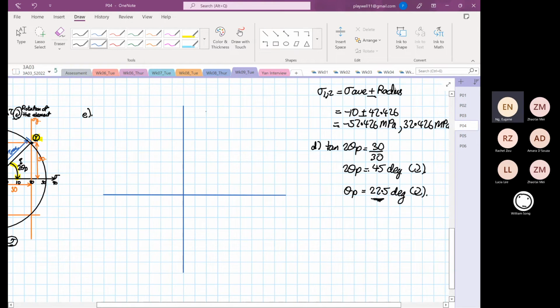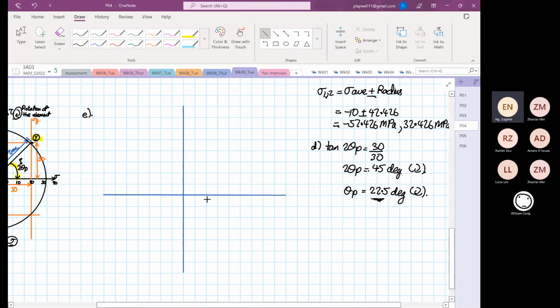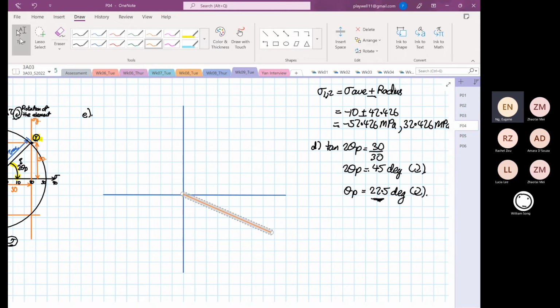Okay. So we're going to rotate 22.5 degrees in a clockwise direction. Okay, so I'm going to draw the principal plane axis now. I'm going to use a different color. I'm going to use orange. And it's going to be 22.5 degrees. So this is about 22.5 that I can get. Okay, so this is 22.5 degrees clockwise direction.